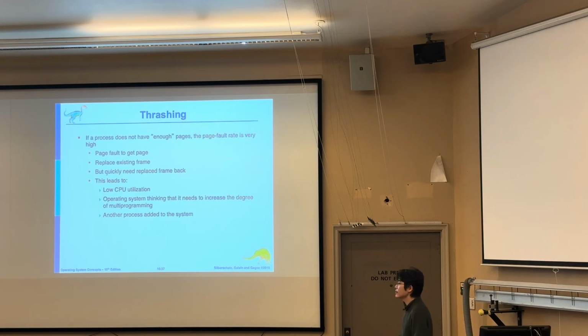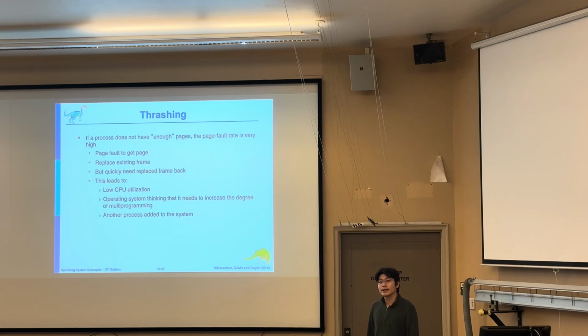And unfortunately, this could happen, right? If the memory is very limited, it is possible that this physical page in memory that was just replaced out will be quickly referenced in the near future, very soon.